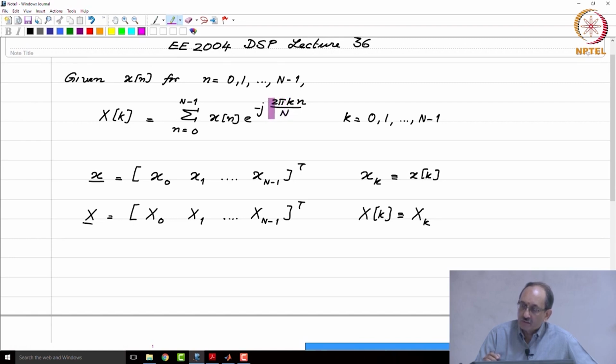You will generate a vector that is cap N long, and this definition of X of k can be thought of as an inner product of two vectors for a particular value of little k, and therefore you can write all such inner products letting little k go from 0 to N minus 1.